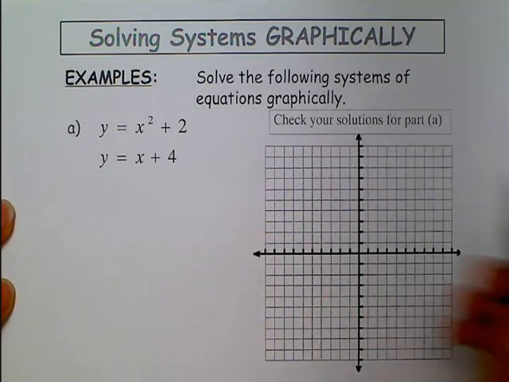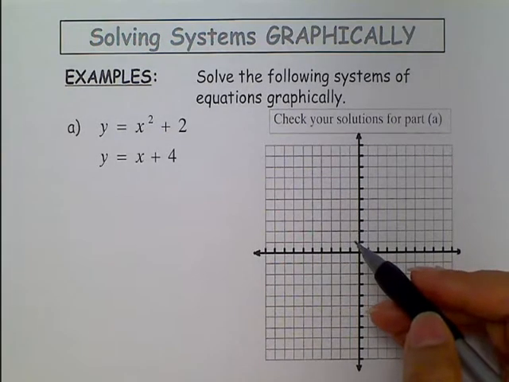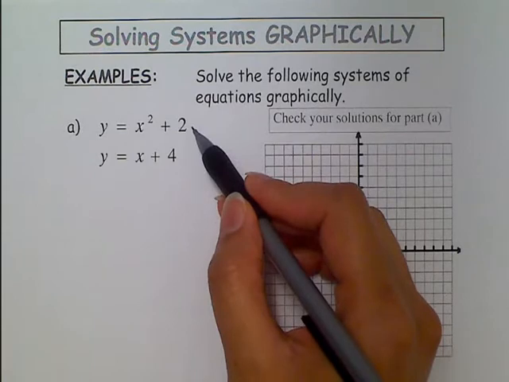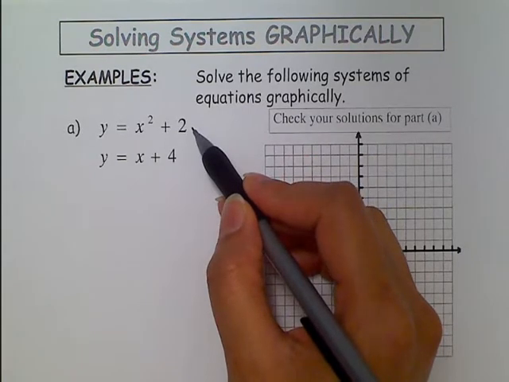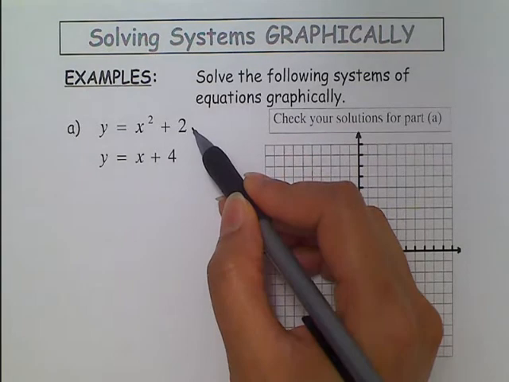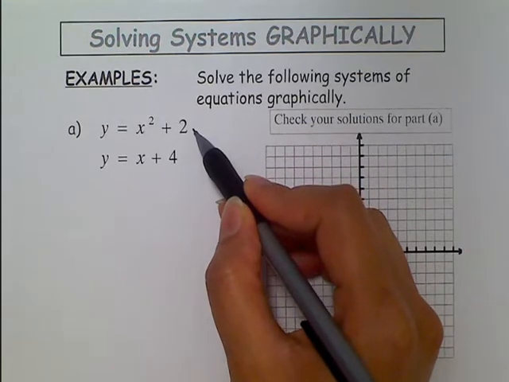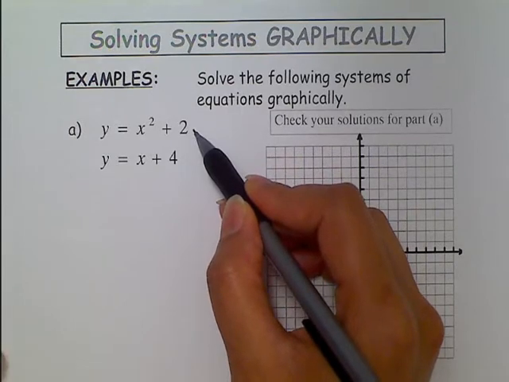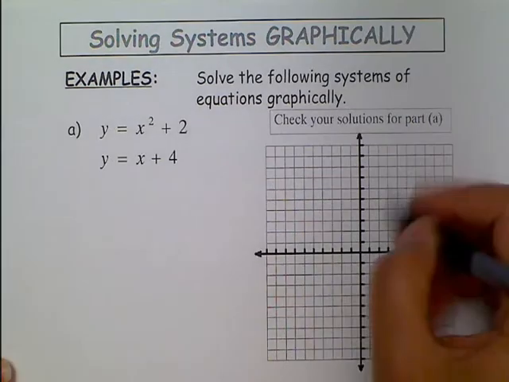So if I graph these two to try to find the point of intersection, I'm going to graph the parabola first. Because the only transformation is a shift up 2 units, I can use the step pattern to graph the entire function. If there were several different transformations, I would have used mapping notation, but because there's only one, I can use step pattern.